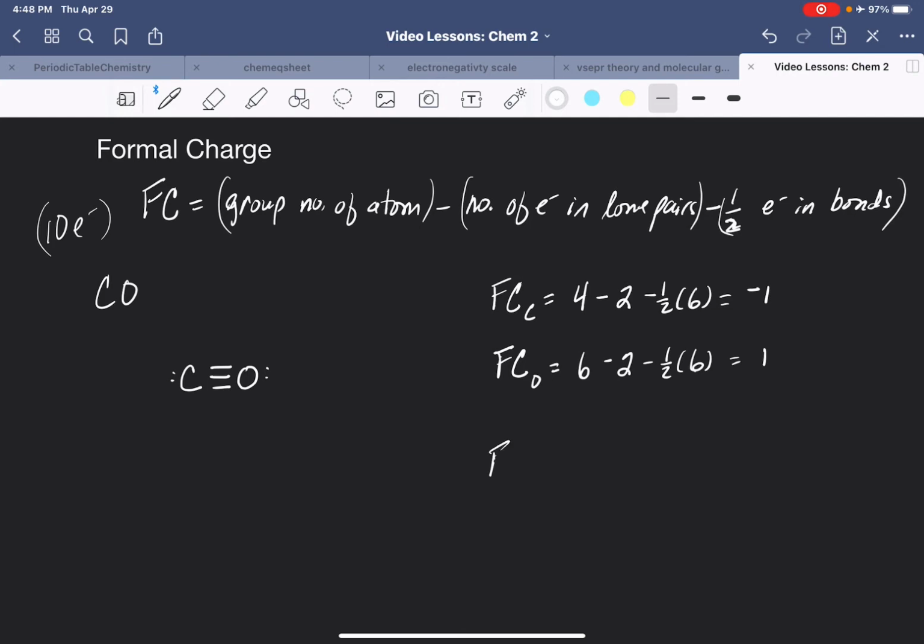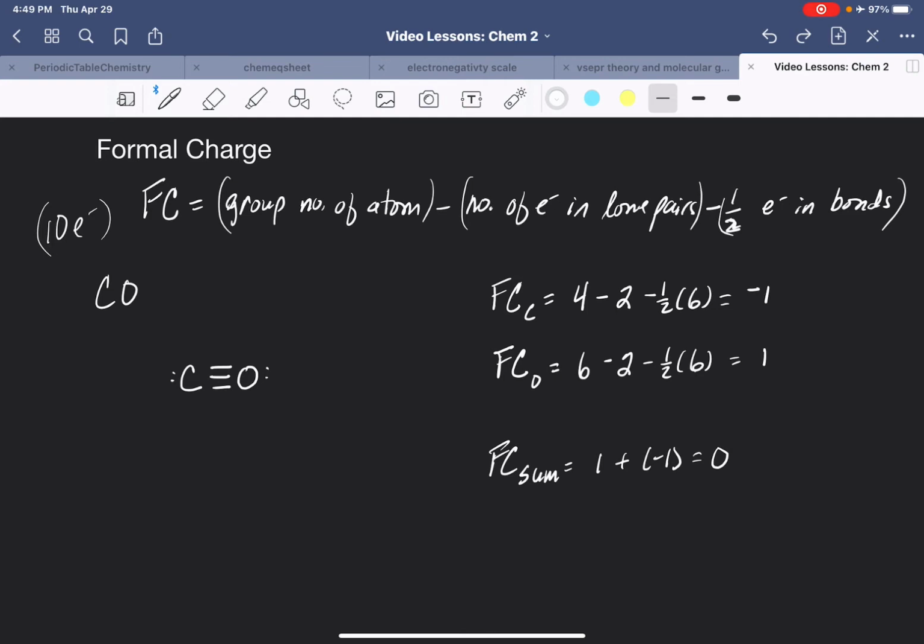And so we can see that the sum equals a +1 plus a -1, which equals 0. So this makes sense because when we write carbon monoxide, we don't see a charge symbol here. That makes sense, that the sum of the charges equals 0.